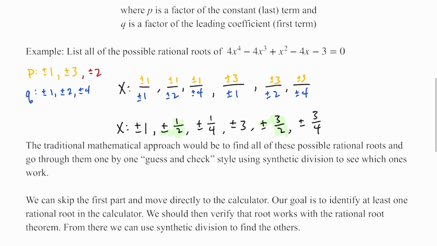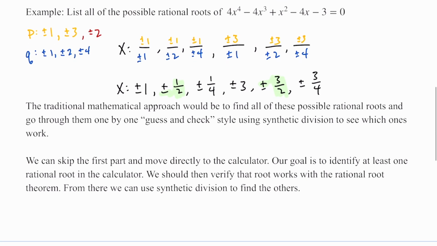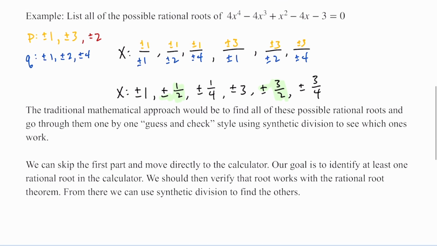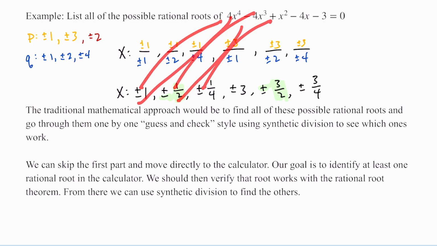So we could expand the same idea here and tackle any polynomial by not starting with this list, because the laborious way of doing it here would be to list out all of these values and then check them one by one using synthetic division. I can plug in a 1, I can plug in a -1, +1/2, -1/2, 1/4, -1/4, 3, -3.